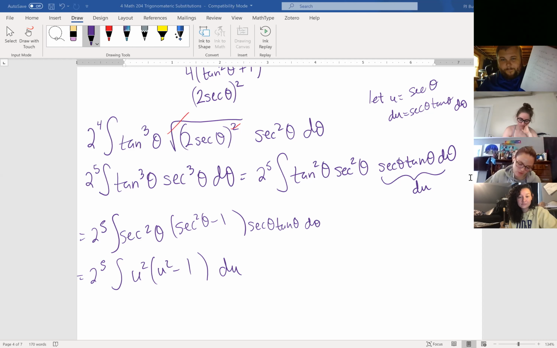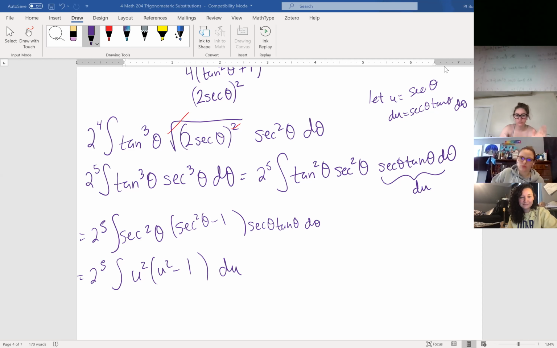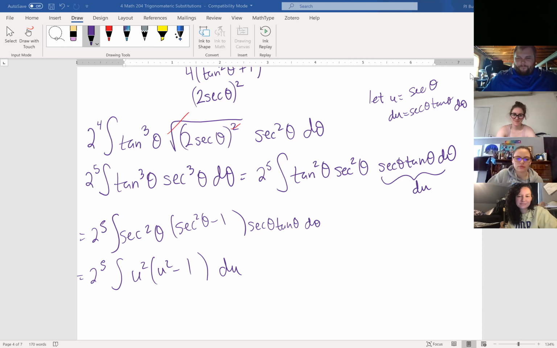There we go. So this is my paper where I've worked this out before. Okay. And I got to that point. And I just looked down at this and saw that I had u squared minus 1, u squared du. Would you look at that?